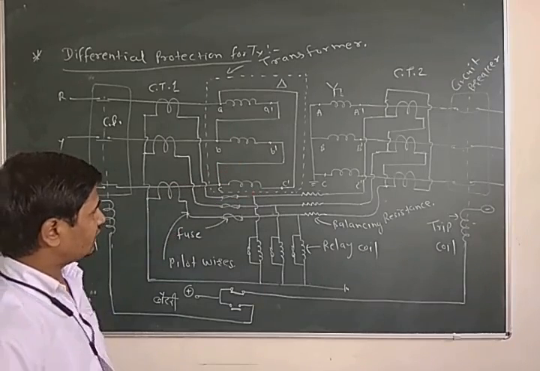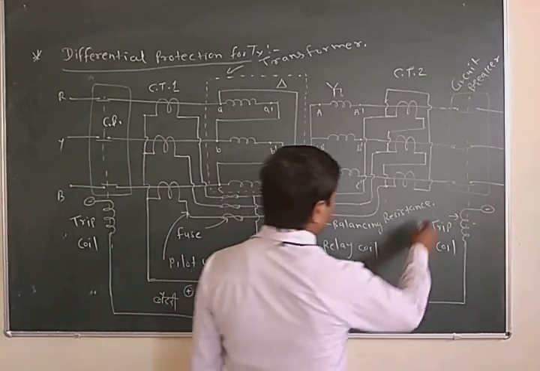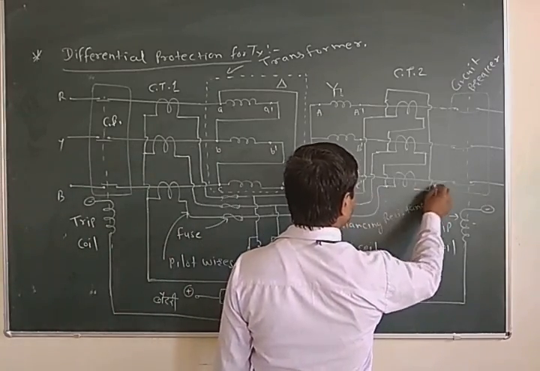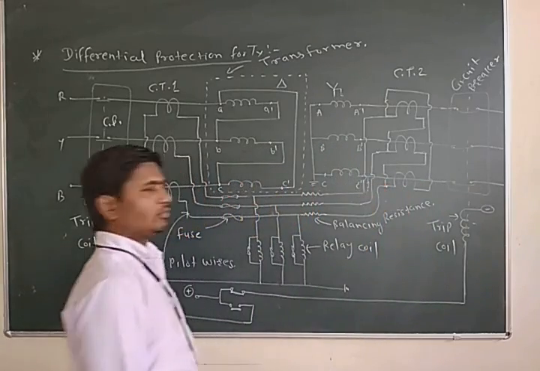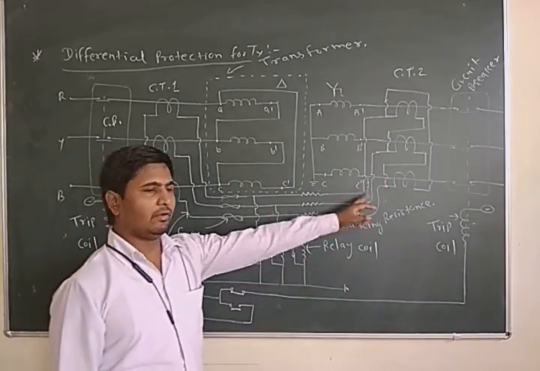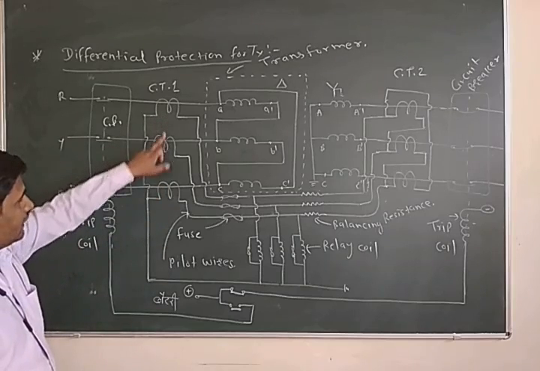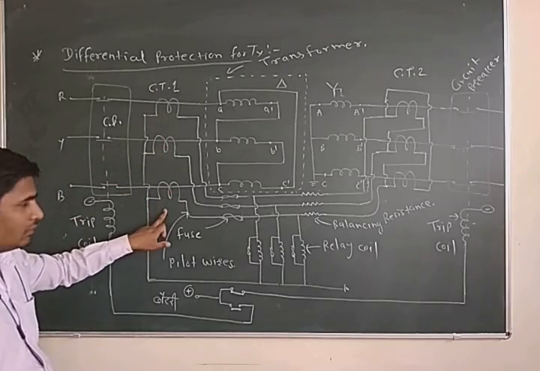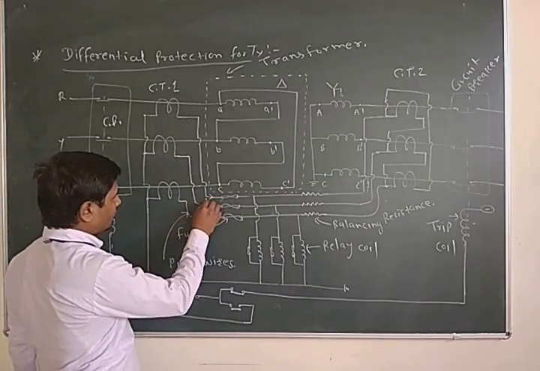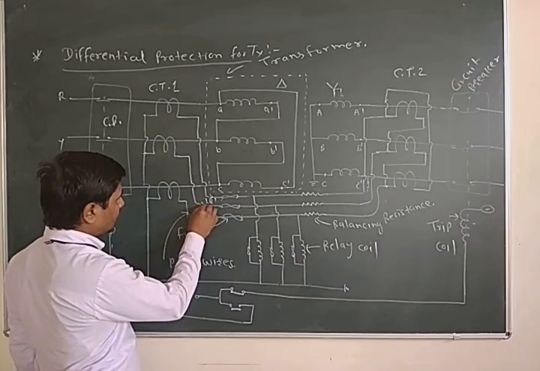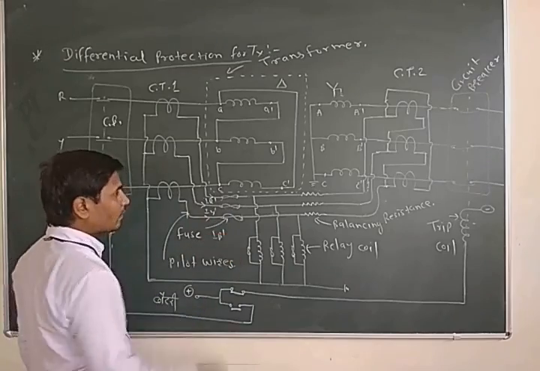So in such a condition, if a fault occurs at the secondary winding of the transformer, then the output of CT1 is the rated current, that is IR1, IY1 and IB1.